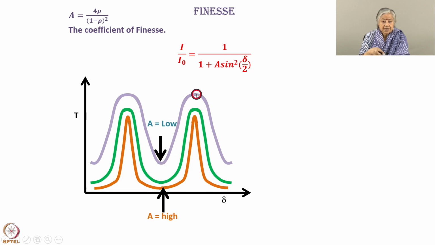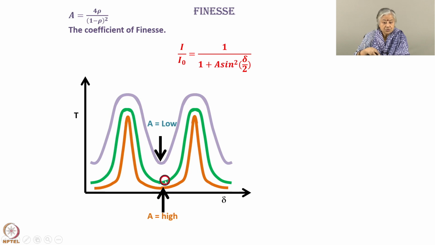In this purplish diagram, A is low, that means the finesse is low, while in this brownish reddish diagram, A is high, that means finesse is high. You can see the brownish one is a very sharp pattern, and this green one is okay, not that sharp.